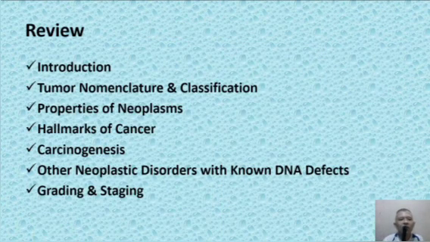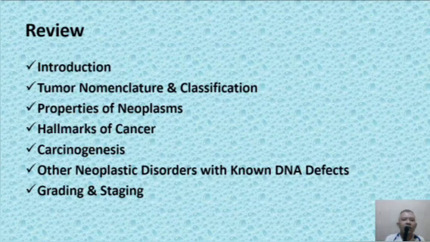So I think we are done. We mentioned neoplasm, neoplasia. We were able to designate names for certain types of tumors: if it's benign or malignant, how do we call them?